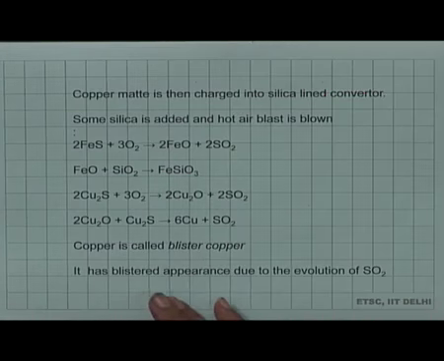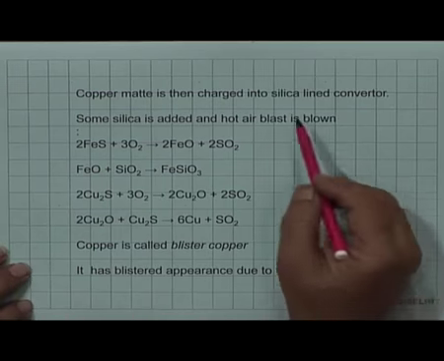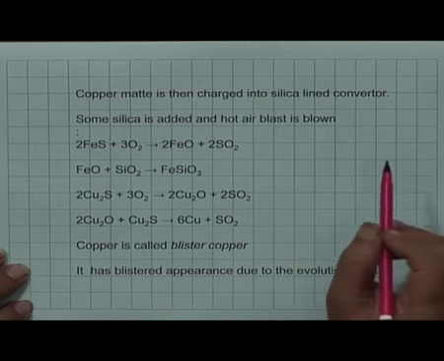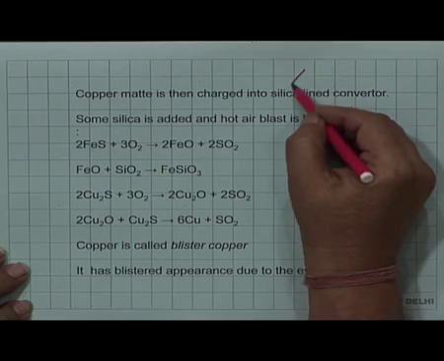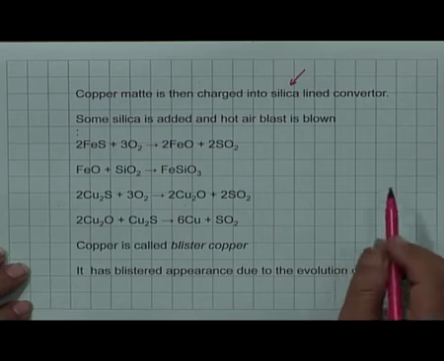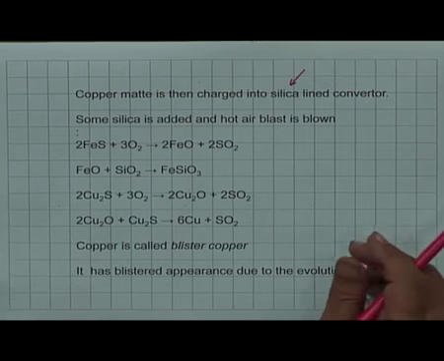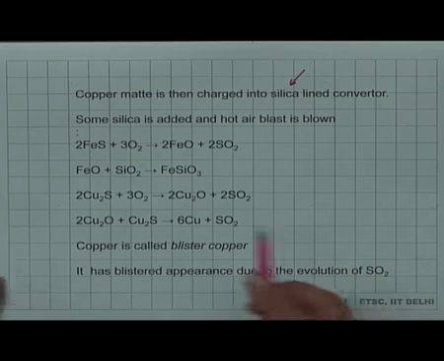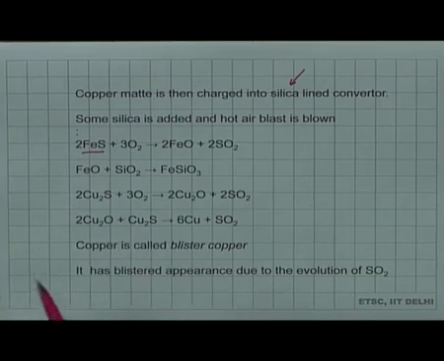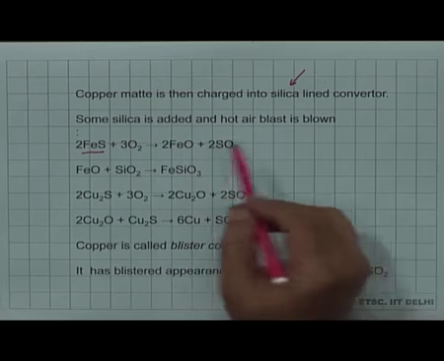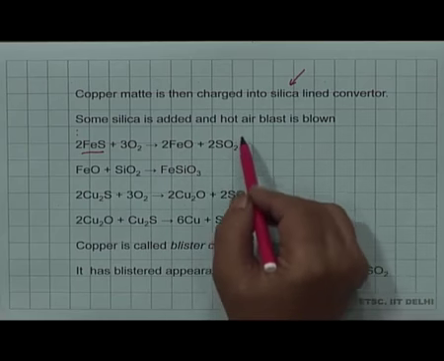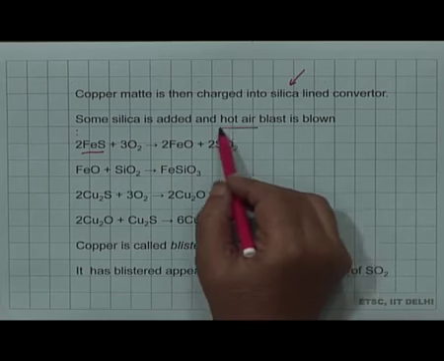This copper matte is charged with silica. Why do we add silica? It is because we are left with some iron in the form of sulphide, and then we blast the mixture with hot air.